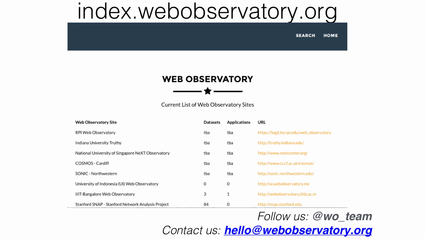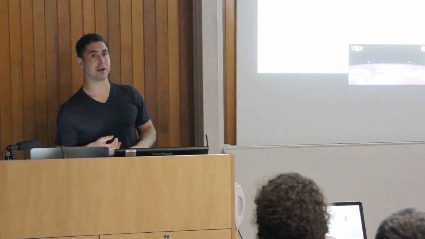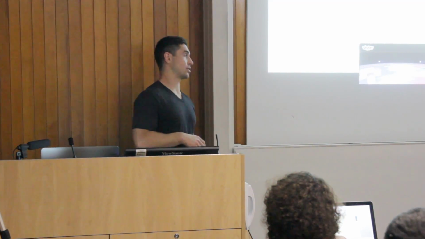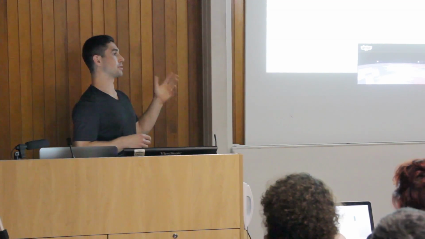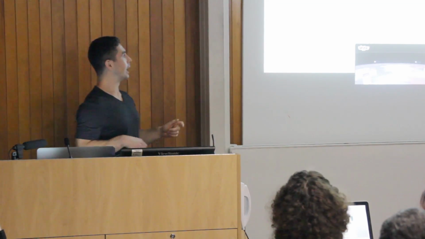So we are not the only observatory. There are multiple different observatories. If you go to webobservatory.org, you can see a listing of different observatories providing their data. And these are different web science labs around the world, from South America to Asia to Australia. And all of those different observatories contain their own data sets. I'm just giving you a background on this so you know where all the stuff is leading to.